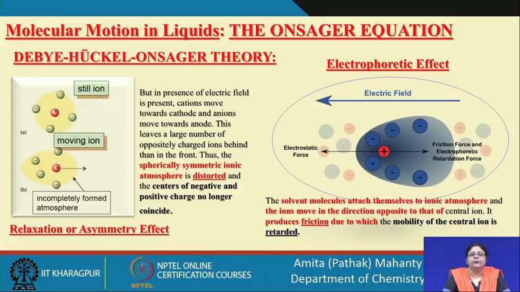But what happens when you have an electric field applied? The central ion, positive or negative, will be moving towards the electrode. A positive ion moves towards the negative electrode, the cathode, and in the movement it disturbs the symmetric ionic atmosphere surrounding it.